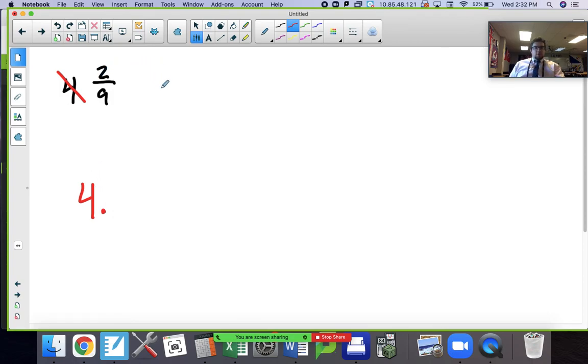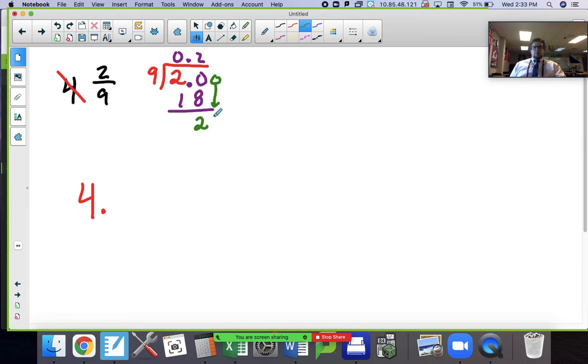So I'm going to take my numerator, put it inside the house, take my denominator, take it outside the house, and begin long division. 9 doesn't go into 2, so 9 is going to then go into 20 2 times. 2 times 9 is 18, which gives us 2.